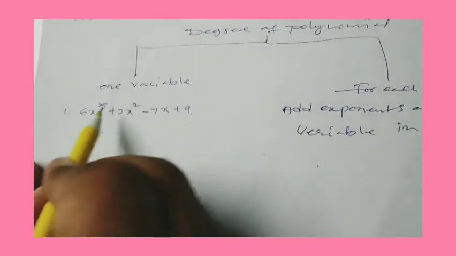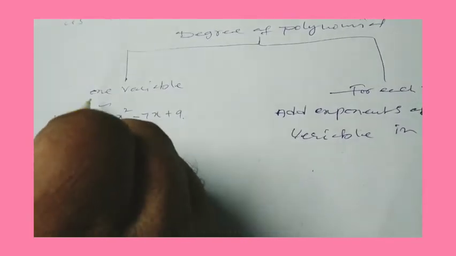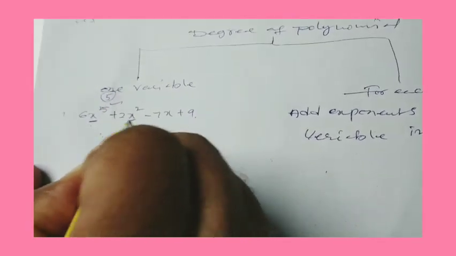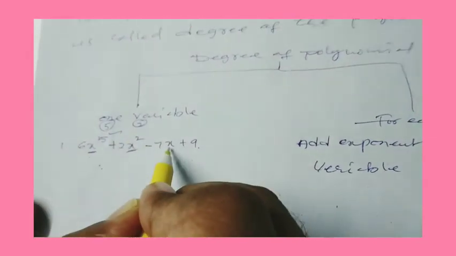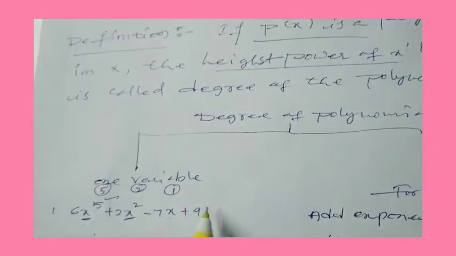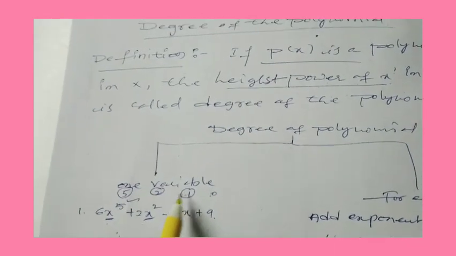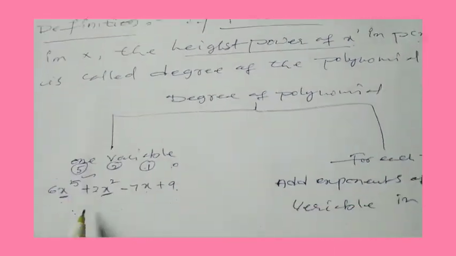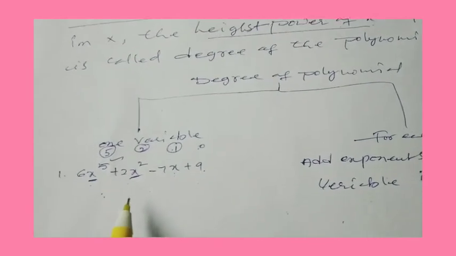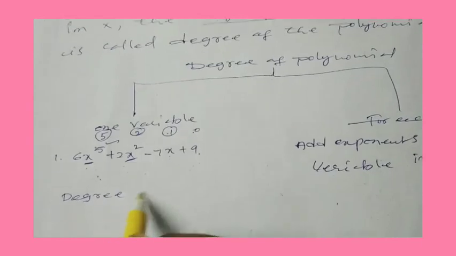That is the degree of the polynomial. In each term we are going to check. Here x power 5, 5 is there. Here x power 2 is there. Here x power not there means 1. Here 9 is nothing but 9x power 0, so the constant term degree is 0. 0, 1, 2, 5. What is the greatest value among them? 5 is the greatest value. That's why its degree is 5.